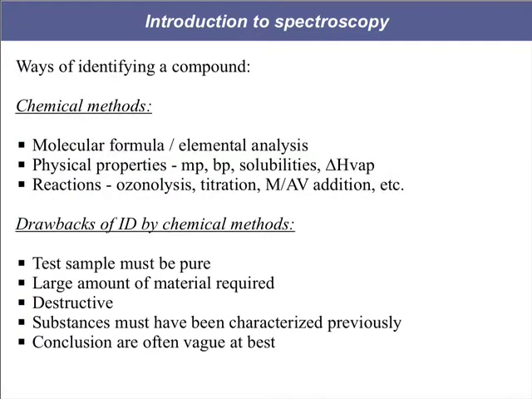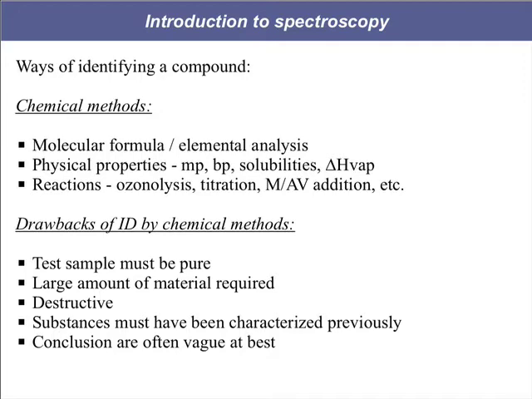So there are many ways of identifying a compound. You've probably done many of these in lab already. Some chemical methods, which I'm going to show you in a minute, differ from spectroscopic methods. Chemical methods might involve determining the molecular formula by doing elemental analysis.